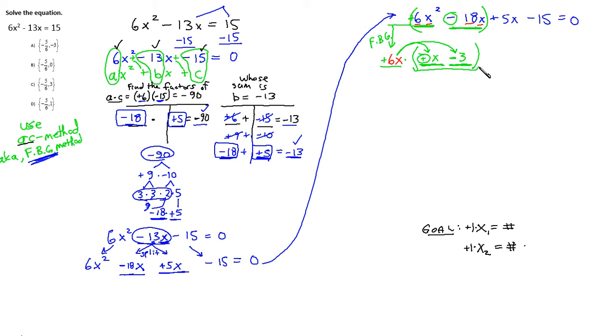Okay, I copy this. I have asked my students to copy this remaining binomial right under the last two terms. And what we have is a positive x minus 3.